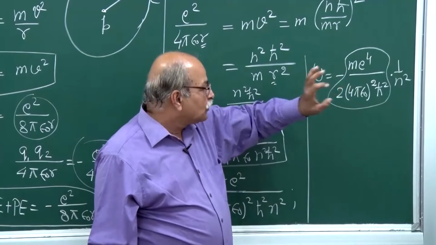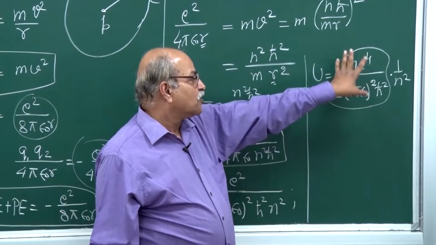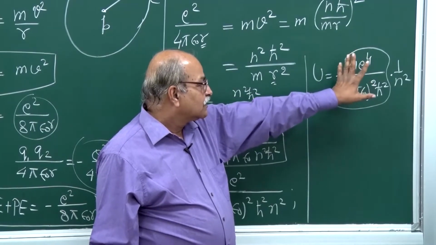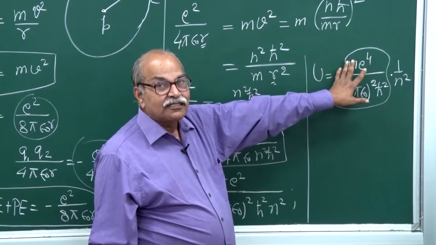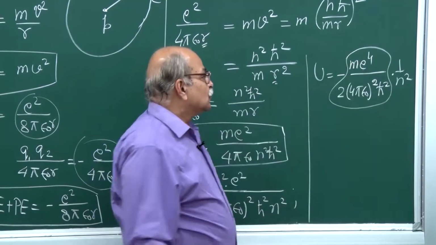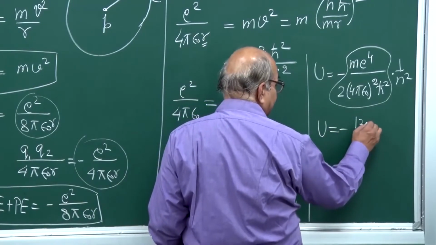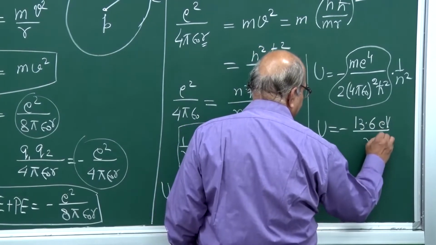If we put all those values there, the mass of the electron, charge of the electron, epsilon naught, Planck's constant, and calculate, that turns out to be almost 13.6 electron volt. So the energy is minus 13.6 electron volt divided by n square.